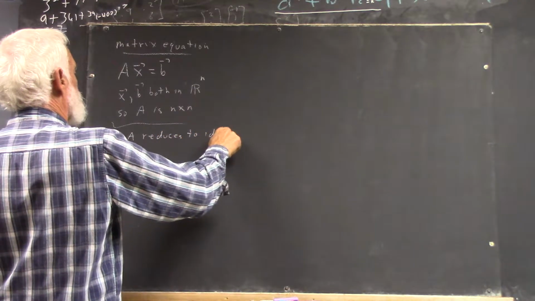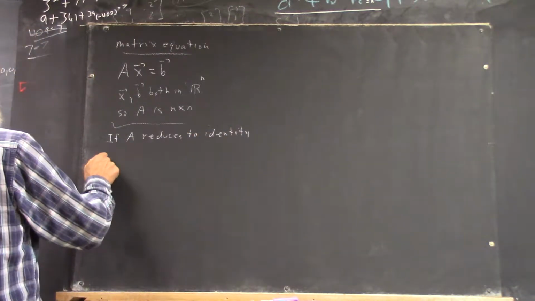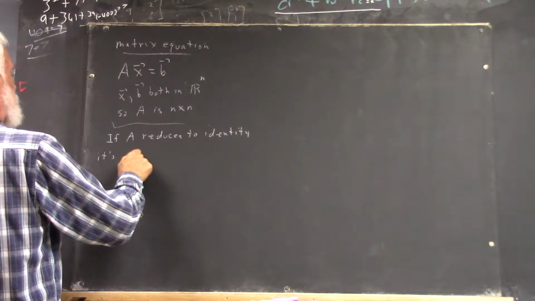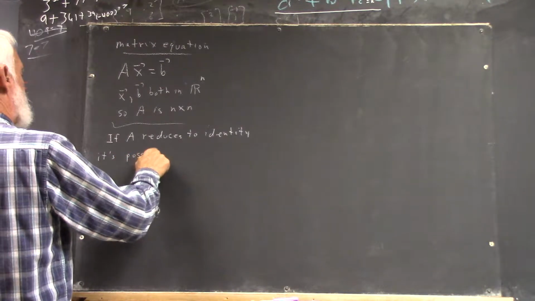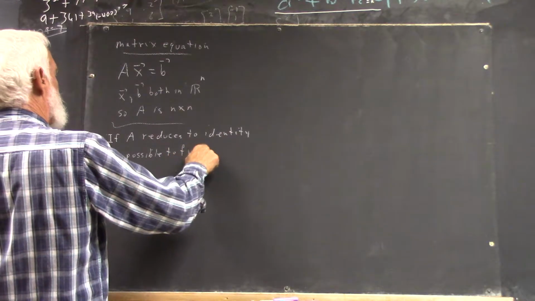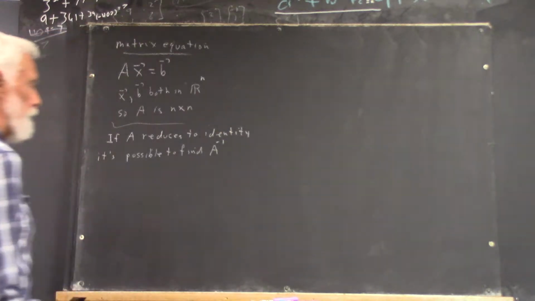If A reduces to the identity, it's possible to find A inverse.